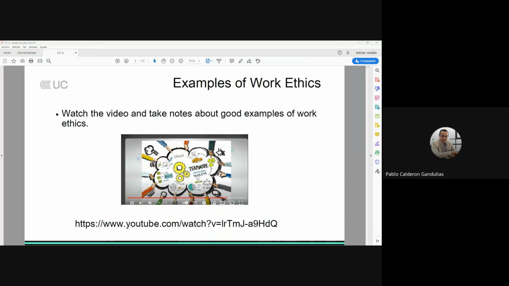So, using your notes and your own ideas, you're going to create in groups a definition of work ethics. Okay? Definition of work ethics.